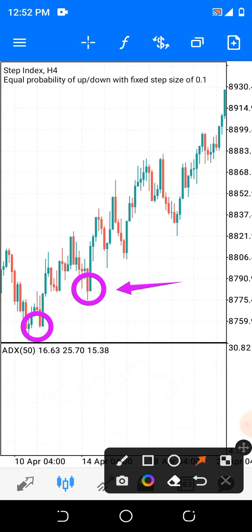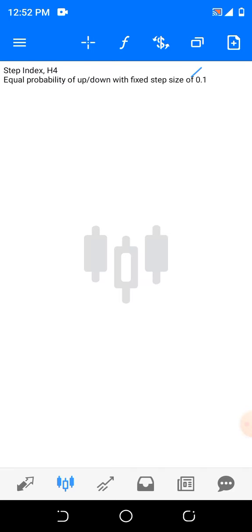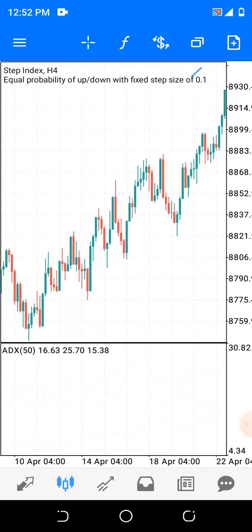Now let's join the two lines. This is the first one. Here is the second. Now you extend this trend line.